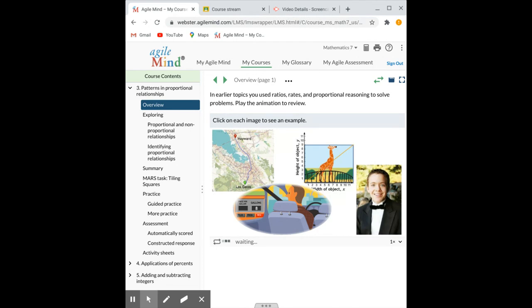Give me an example of a unit rate. Isn't a unit rate like when you're comparing a ratio to 1? Correct. So give me a ratio that's comparing something to 1. 1 red apple to 3 green apples? Correct. So 1 red apple to 3 green apples.